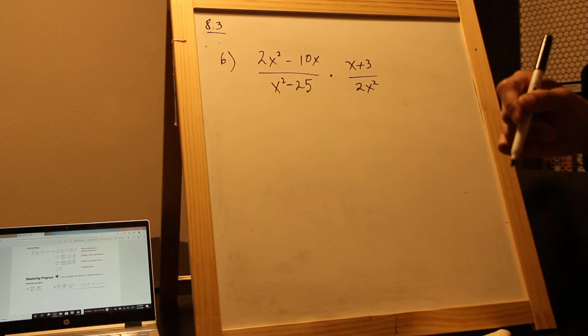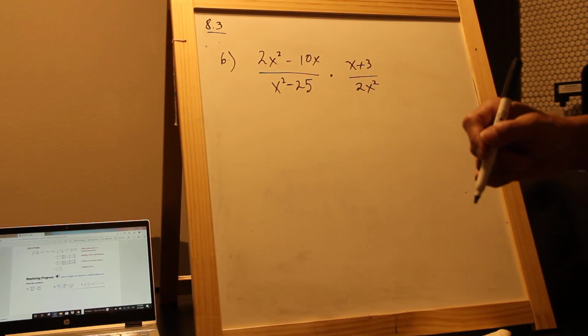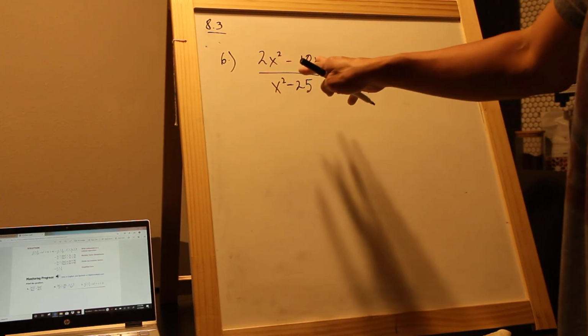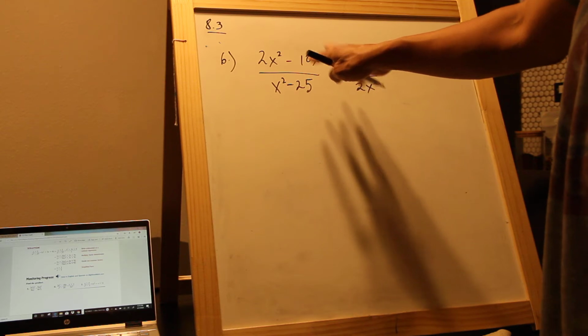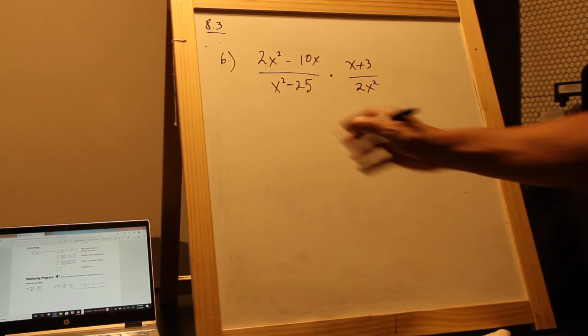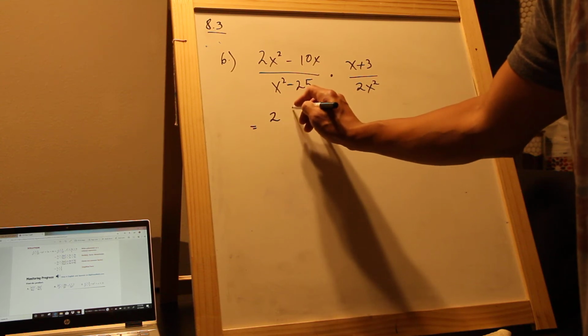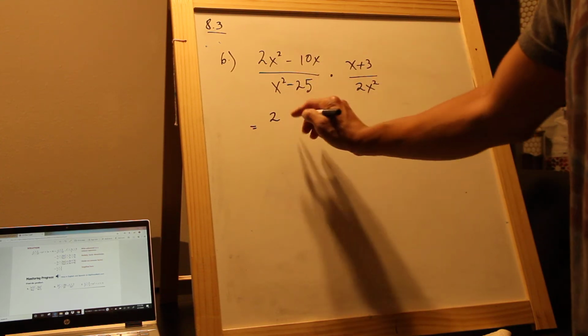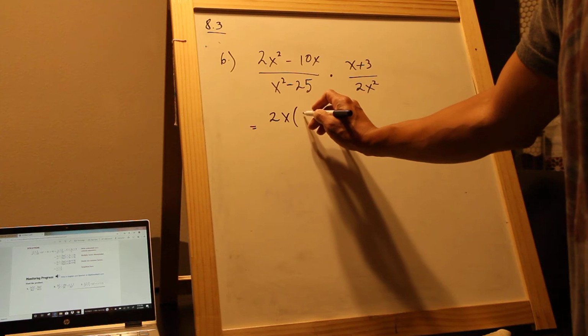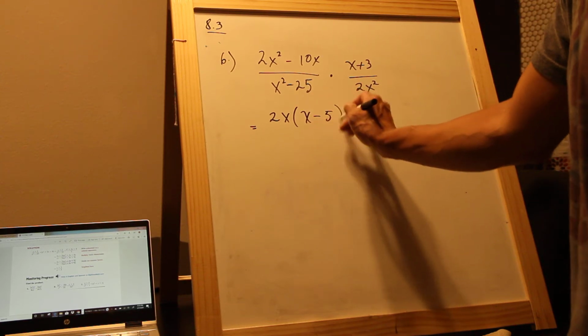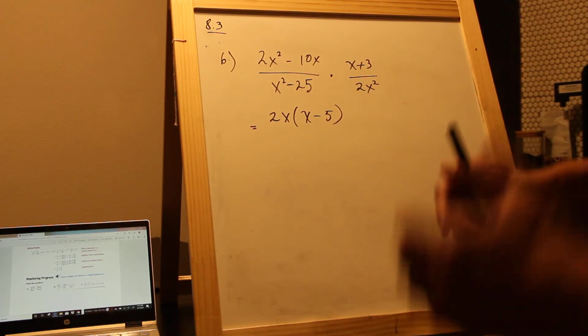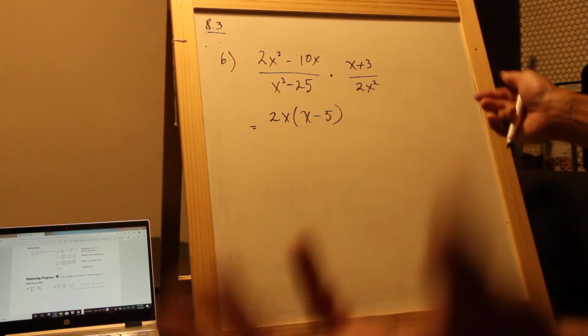So the first thing I'm going to do is factor out some terms to make it look simple. So here I can take out a 2 and I can take out an x from both. So now I have x minus 5. So notice I'm starting my first step of simplification first, and then I'm going to go ahead and multiply them together.